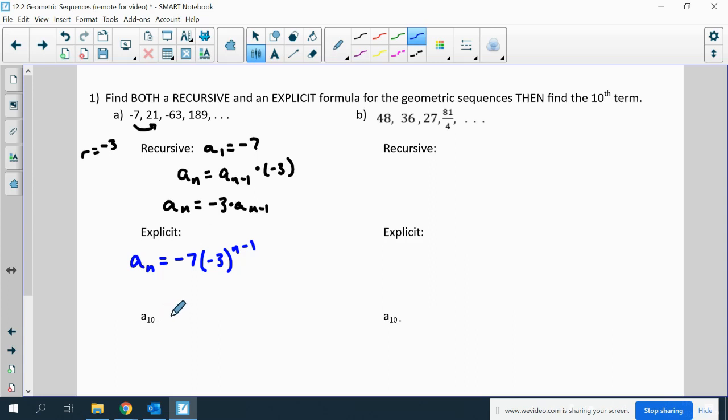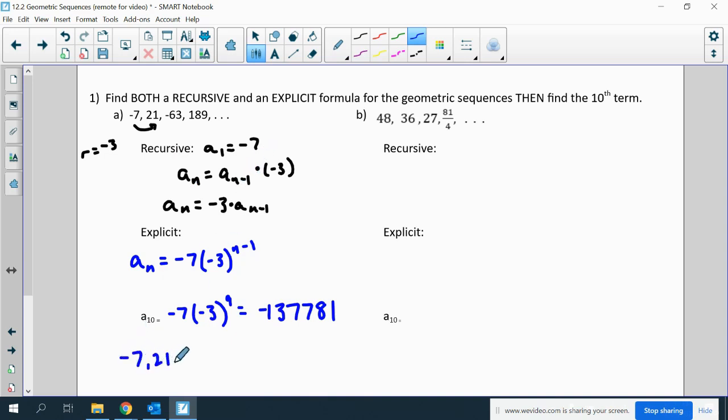Now a sub 10 would be -7 times -3 to the 9th, because if I plug in 10, I get 10 minus 1, which is 9. And that would end up being -137,781.